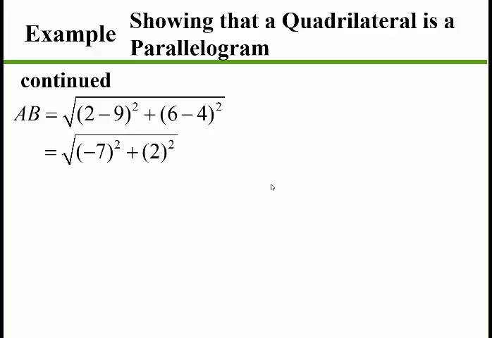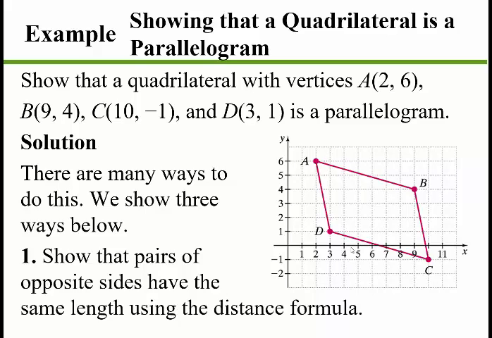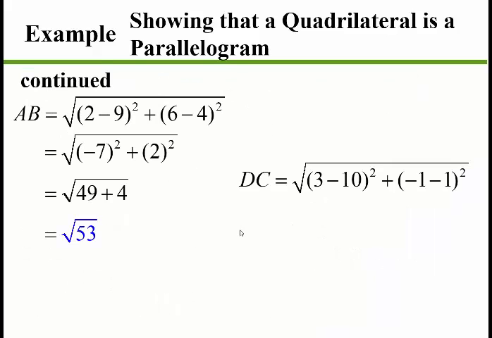You go through the algebra and get that side AB is equal to the square root of 53. Then I need to show that side DC also has a distance of square root of 53.